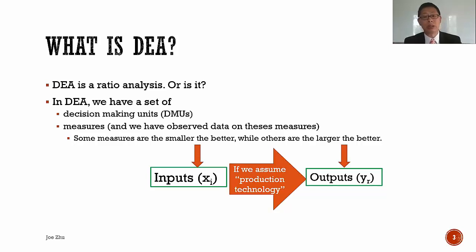I will not go into details with these types, so I will just focus on these two types, inputs and outputs. But just remember, inputs and outputs only make sense if you talk about the production technology. Okay, when you talk about using DEA as a benchmarking tool in general, the inputs are not the inputs you put into a process and then turn into the outputs. It's just a set of measures that you want the observations to be smaller, the better.